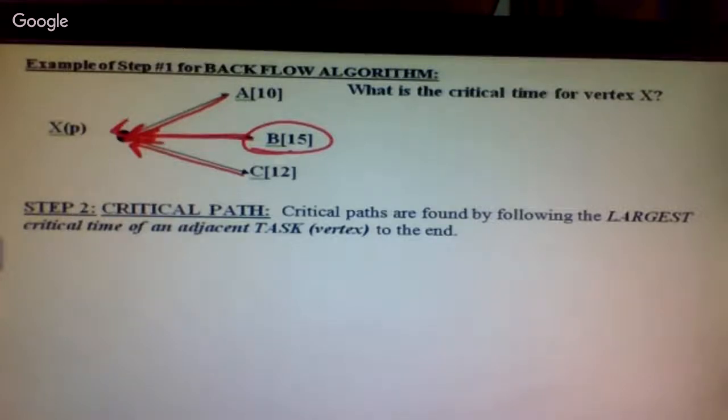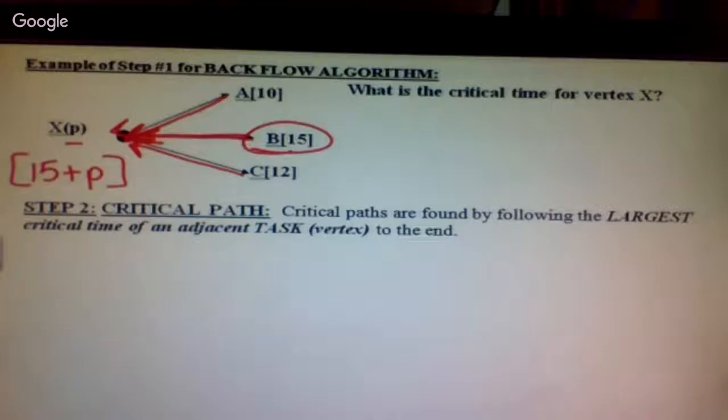You take the critical time for B, which is 15, and add the weight for X, which in this example is P. So it's 15 plus P. Don't write 15P because that means 15 times P. So your critical time for vertex X would be 15 plus P.